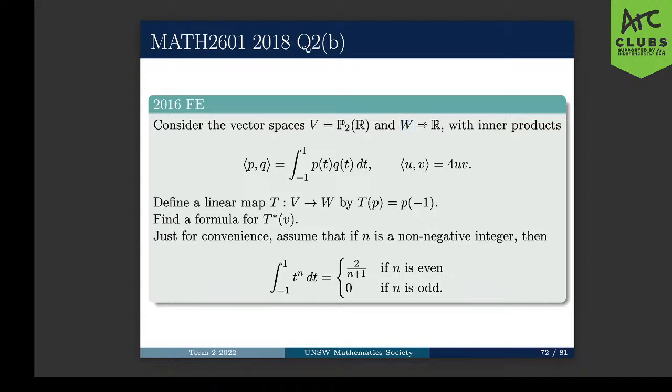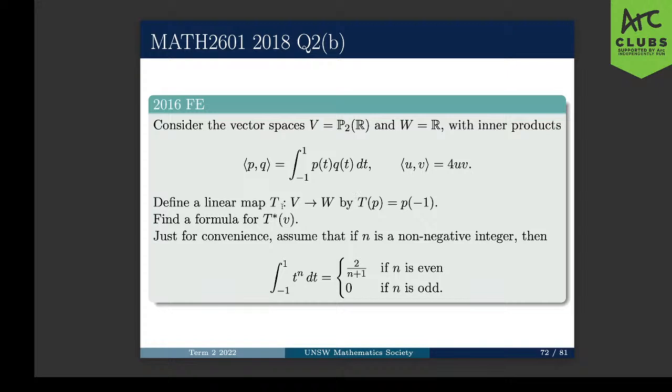And let's say W is another vector space, it's just R. Let's define these wacky inner products, not the usual ones. The inner product of two polynomials p and q is the integral from -1 to 1 of p times q, and the inner product of two real numbers is 4 times their product.